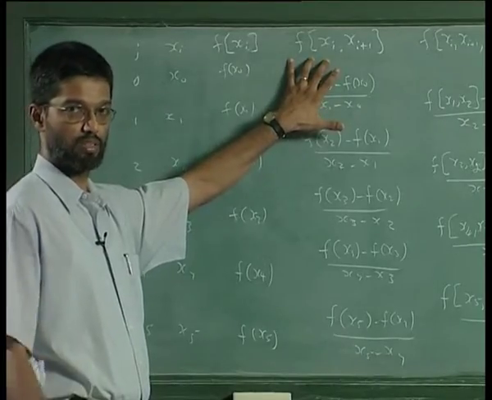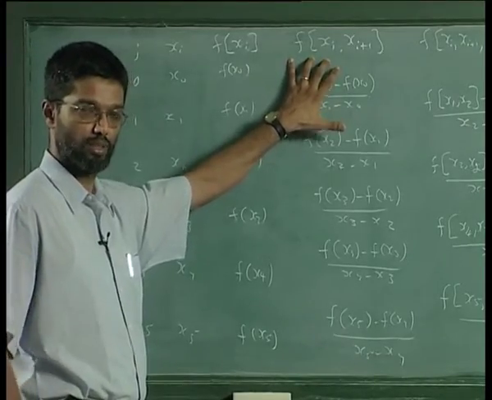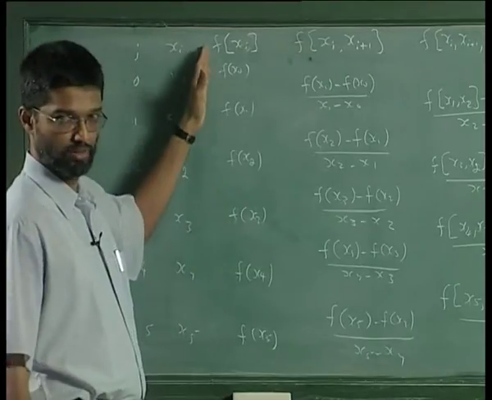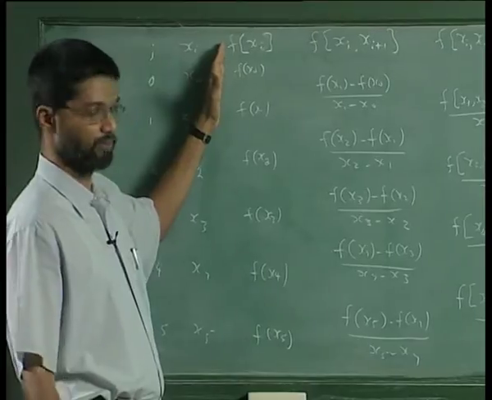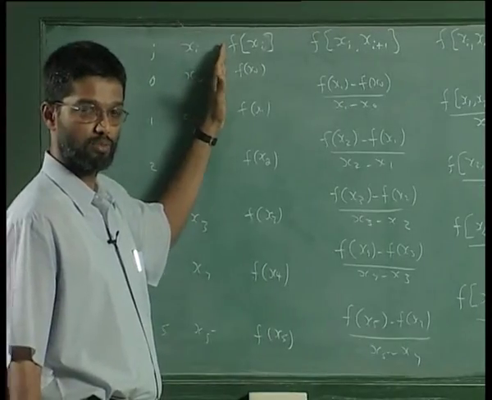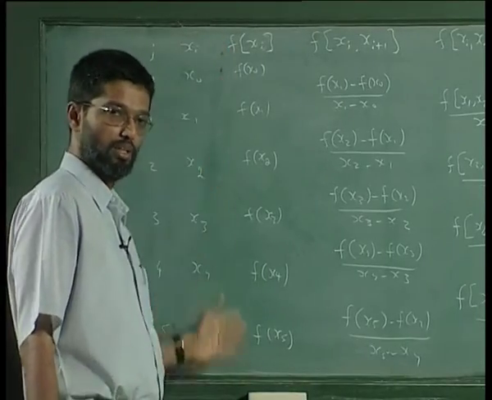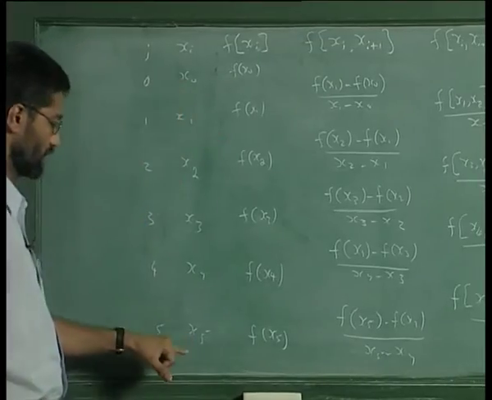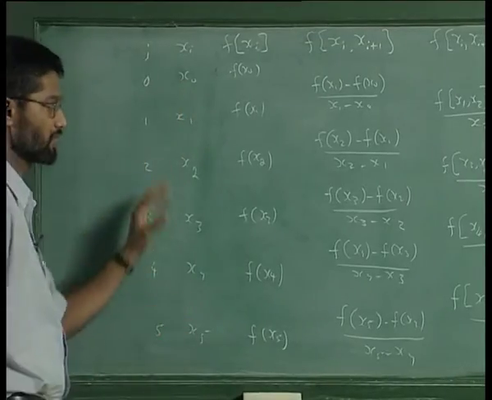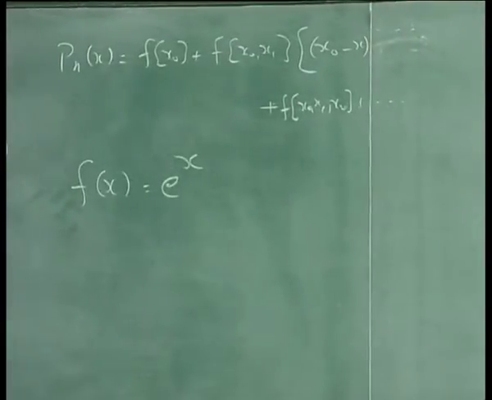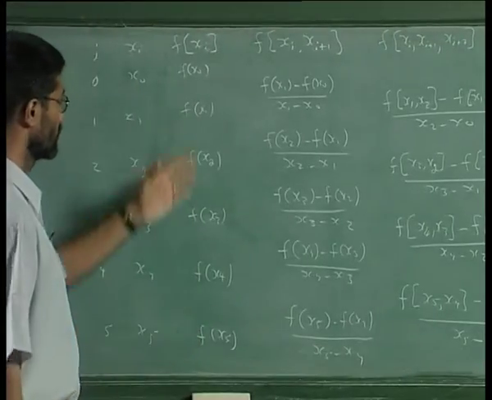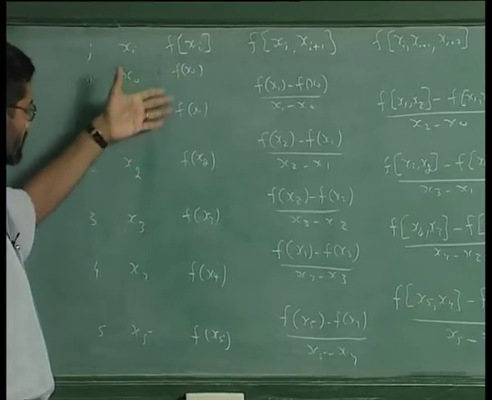If you are always entering the divided difference table at the top, that is, we can evaluate a function value at any points starting from x0 to x5 or in between any points using this polynomial, which we wrote as Pn of x, by entering the divided difference always at the top, or we could also enter somewhere in between.